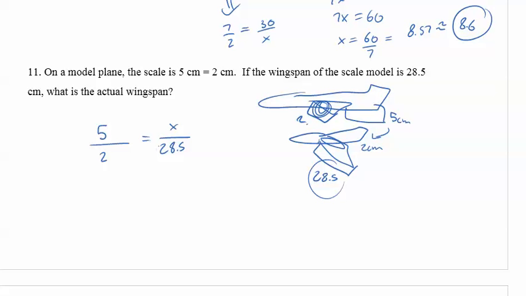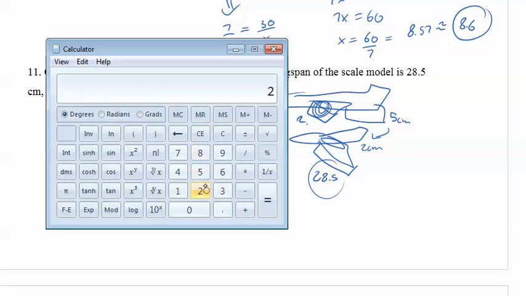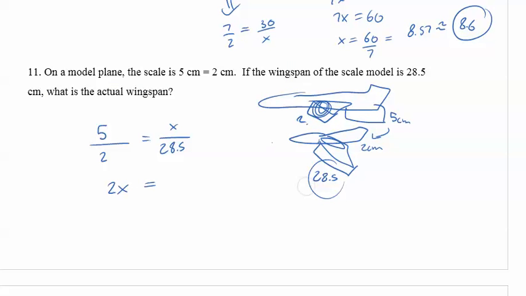Now, use the same rule, multiply the 2 times the x equals 5 times 28.5. I'll do that on the calculator really fast. Which is going to be 142.5. Divide by 2, or multiply by 1/2.